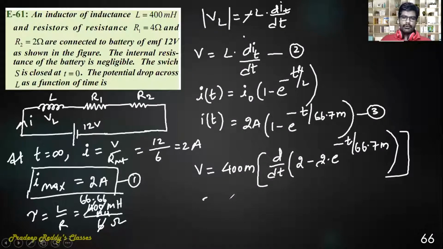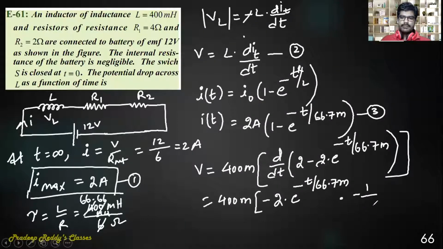This is 400 milli into d by dt of 2 is 0 and that will be minus 2, which is constant, I can write it out, and d by dt of e power minus t divided by 66.7 milli is e power minus t divided by 66.7 milli into minus 1 divided by 66.7 milli, and this negative sign gets cancelled.